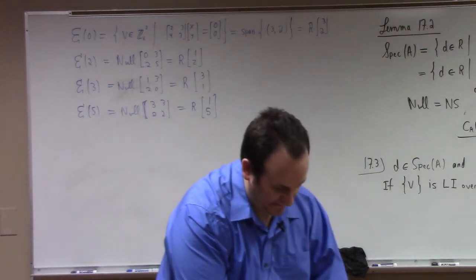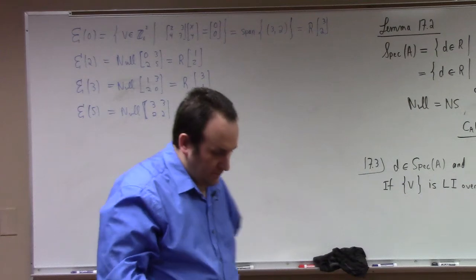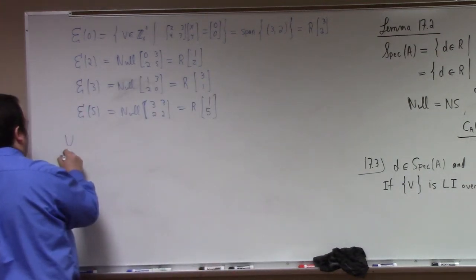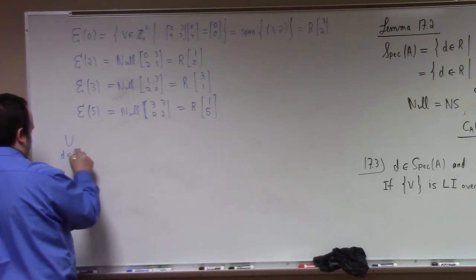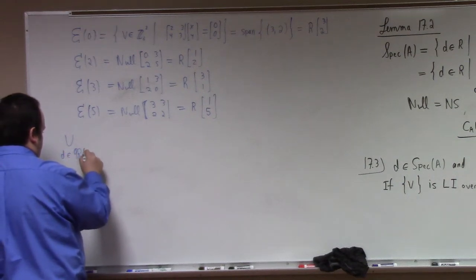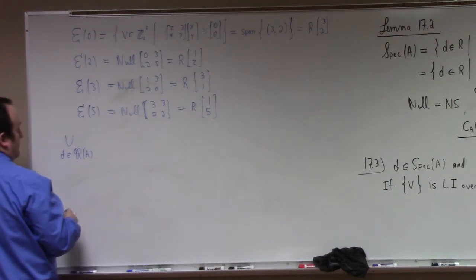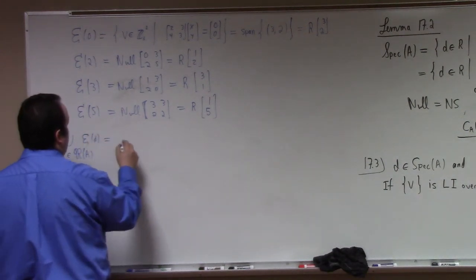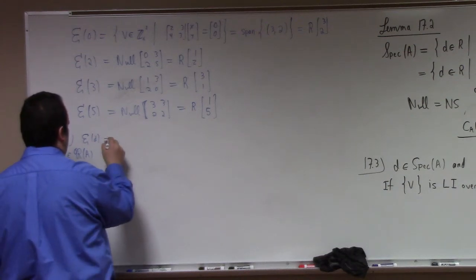So thinking about the theorem I wrote down, the union over D in the roots of A contains within it what?